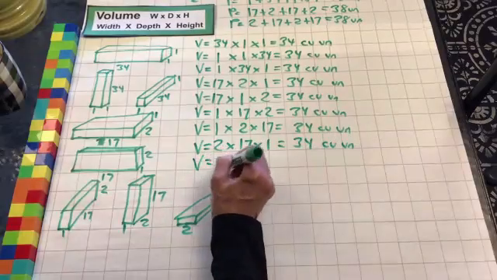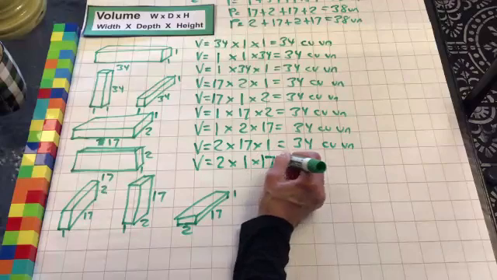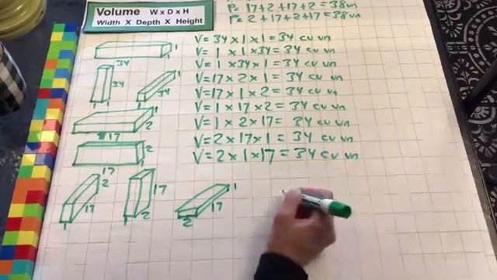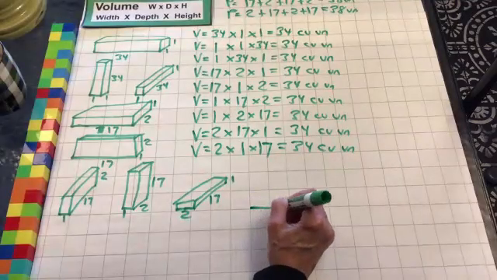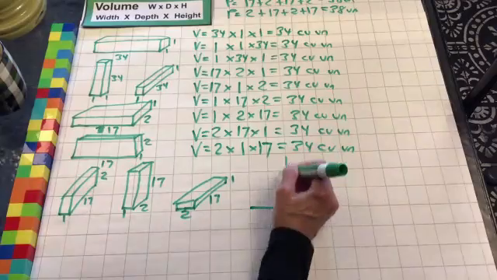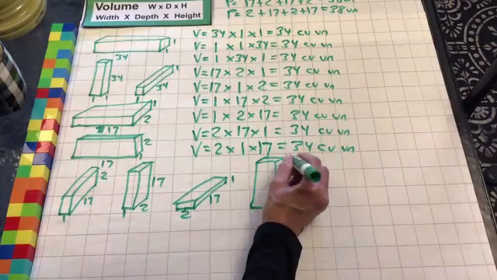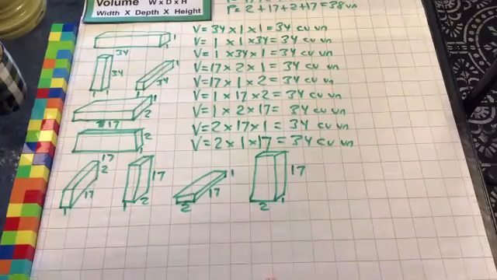And then we have a 2 by 1 by 17 equals 34 cubic units. And that would look like 2 wide by 1 deep by 17 tall. 2, 1, 17. There we go.